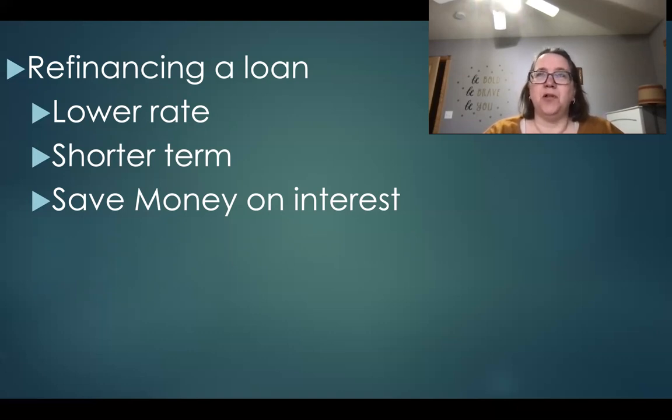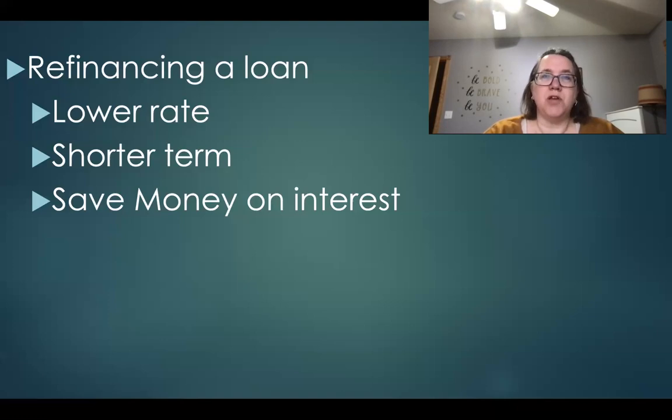Now, for example, this is something that my husband and I have done. When we bought our first house, we had an interest rate of 7.2% and a term of 30 years. Now, when we bought that house, 7.2% was a really good interest rate. But as time went by, the interest rate started dropping further and further, and it got to a point where we could get an interest rate of less than 5%. Now, that would make a huge difference in the amount of interest that we were going to pay.